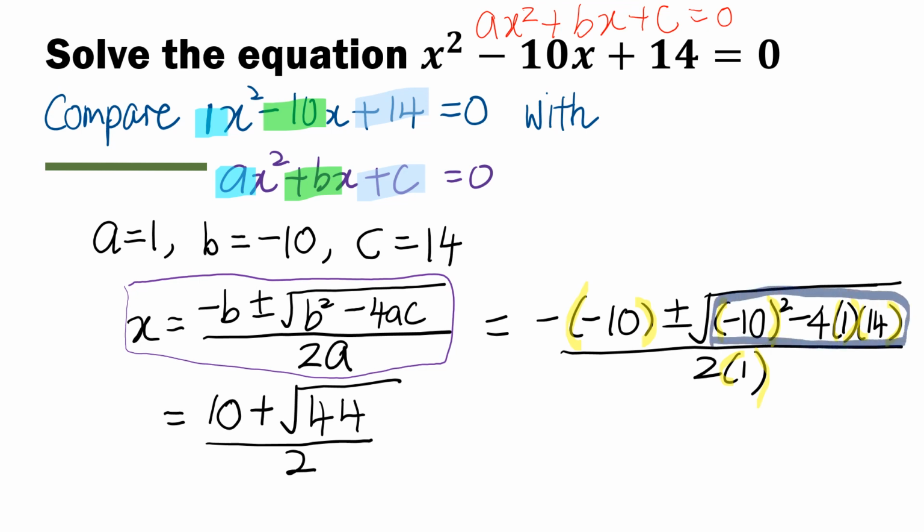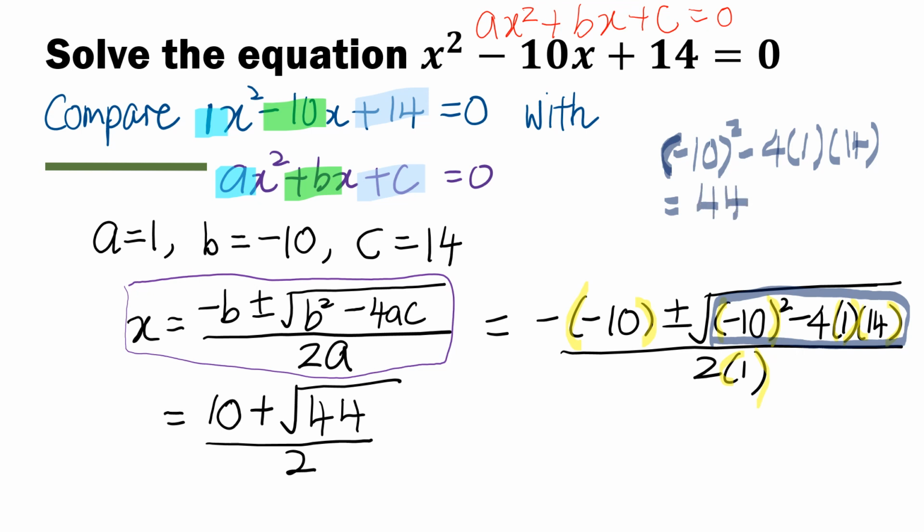Okay, and when you use your calculator, please be careful, as in you really have to put a bracket there. Bracket first, followed by negative 10, followed by close bracket squared minus 4 bracket 1 close bracket open up 14 close bracket. Okay, you have to key in properly. This bracket must be there. Key in properly, then you will get 44.